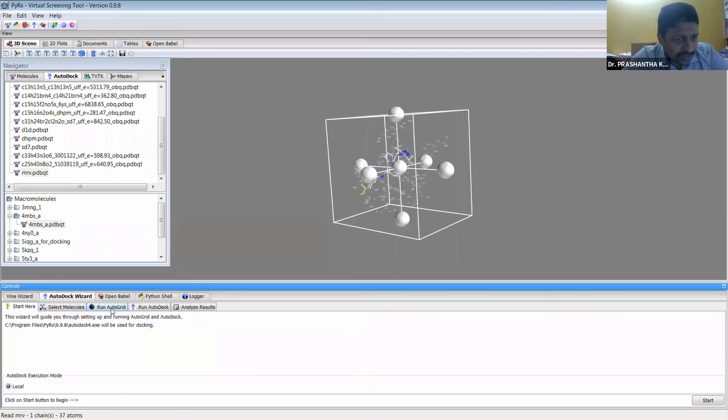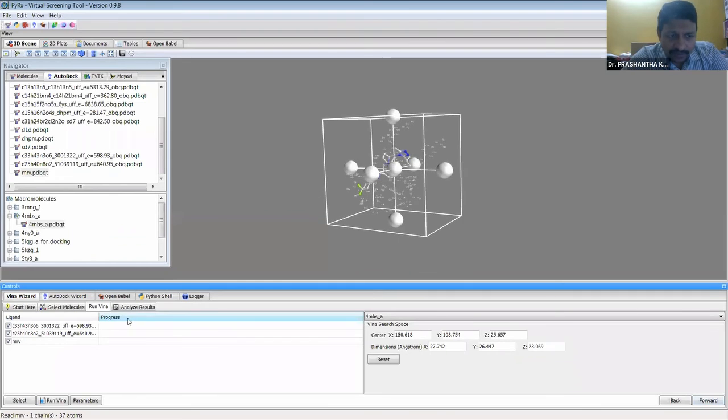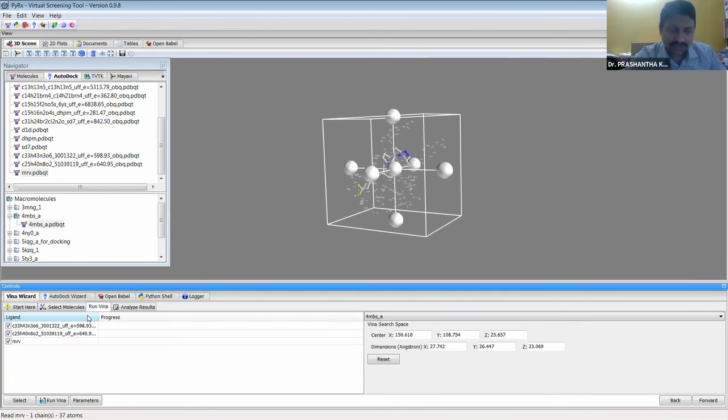Vina is fast because there are no 2 separate steps to run. When we set up the grid box, the AutoGrid run will be done, then the AutoDock is going to happen. Both the programs are going to work here in an integrated way.